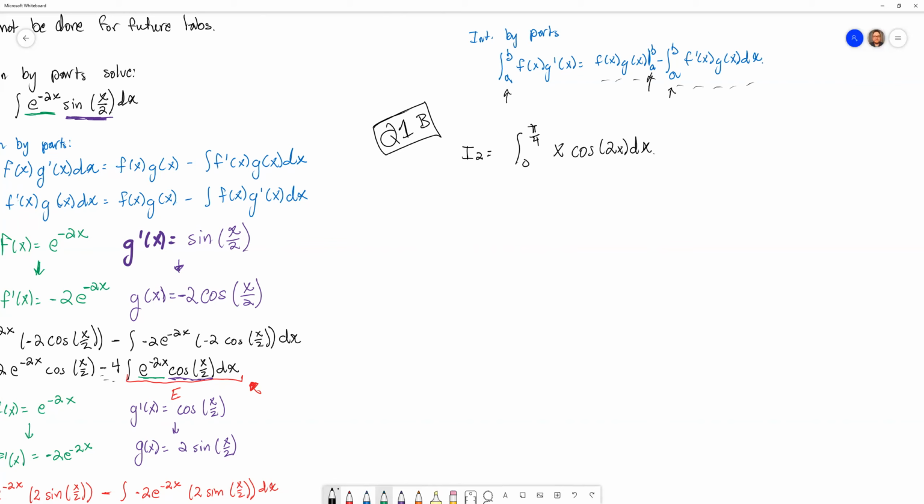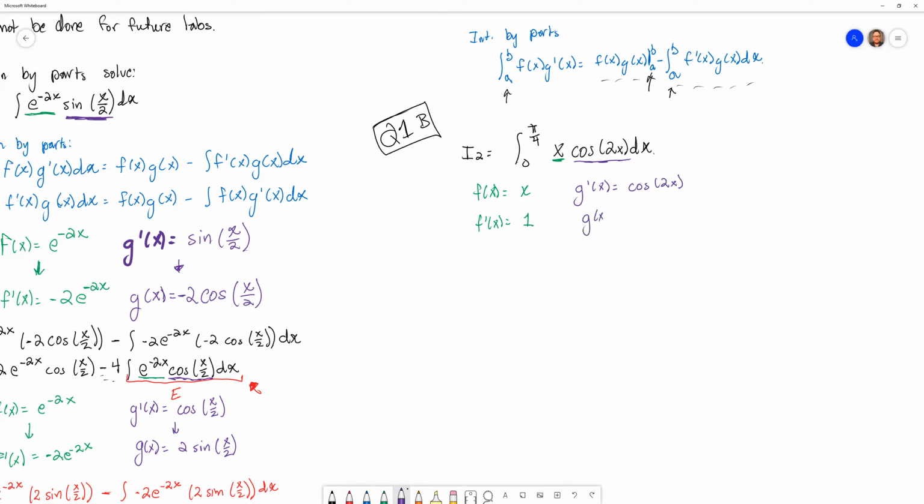Okay. So we will set up our integration by parts. So this is going to be f at x. So f at x is equal to x. F prime at x is equal to 1. And then here, g prime at x is equal to cos of 2x.